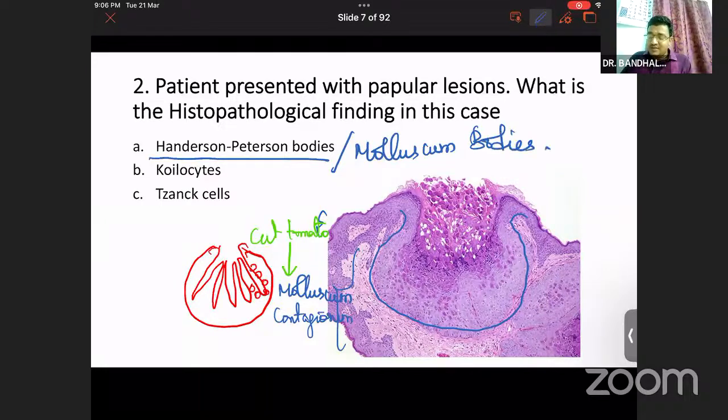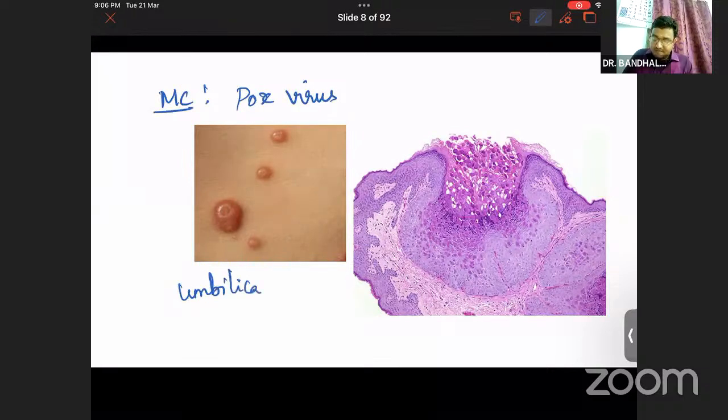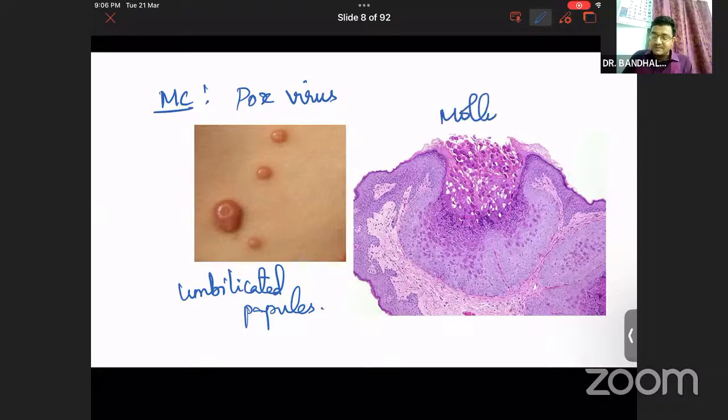In the image you can make out these are molluscum bodies, these round purplish structures. This is the clinical image. Molluscum contagiosum is caused by a pox virus, characterized by umbilicated papules with molluscum bodies.